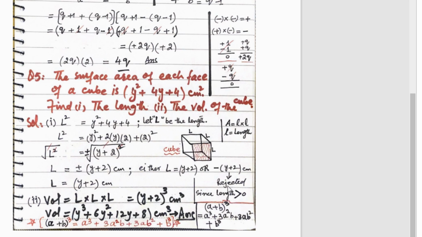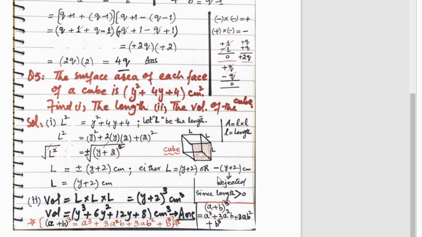But we will reject the minus value, as length can never be negative. Length is a magnitude, and negative means less than 0, and length can never be equal to or less than 0. If length is 0, it means nothing.